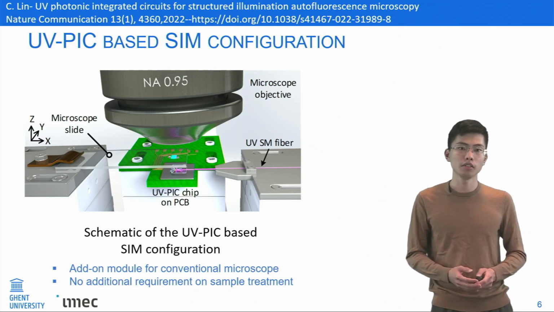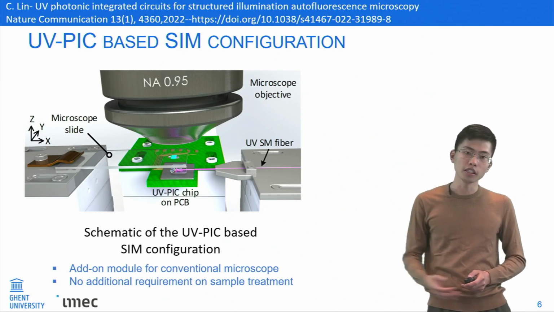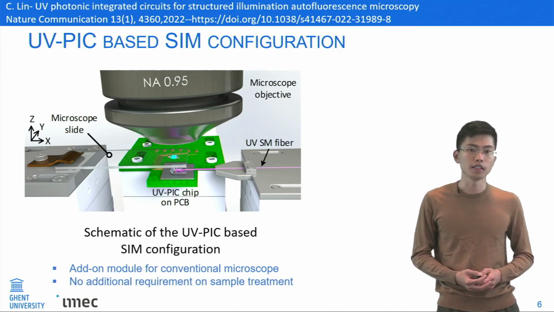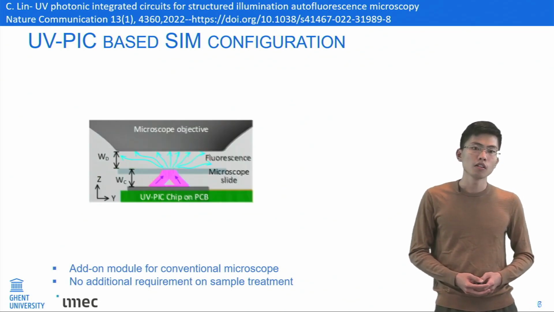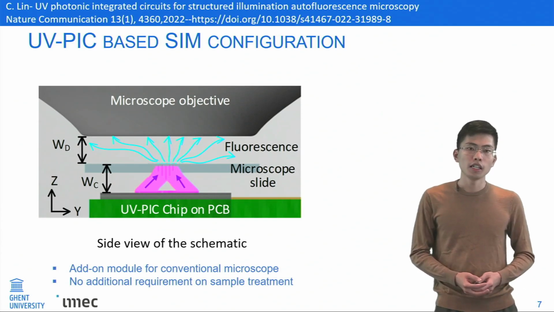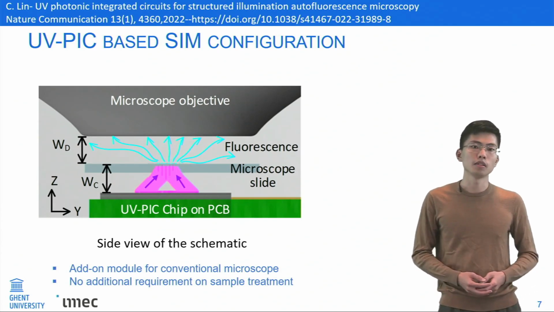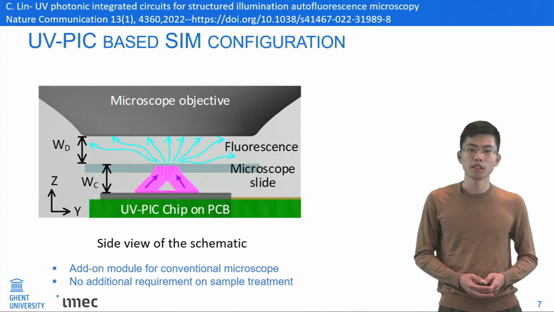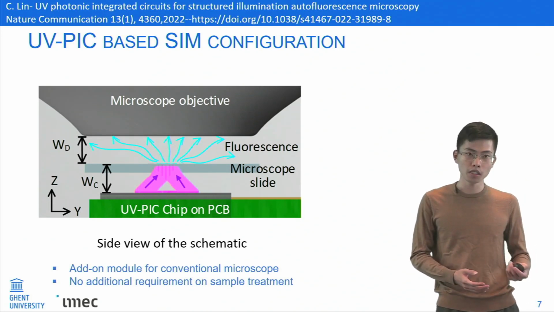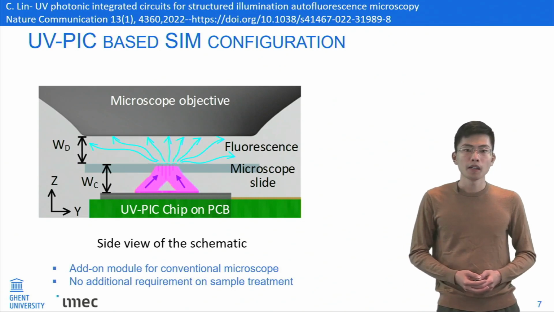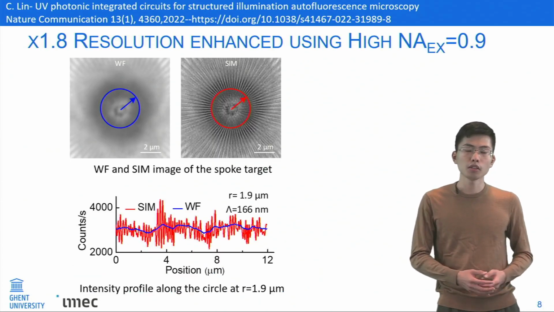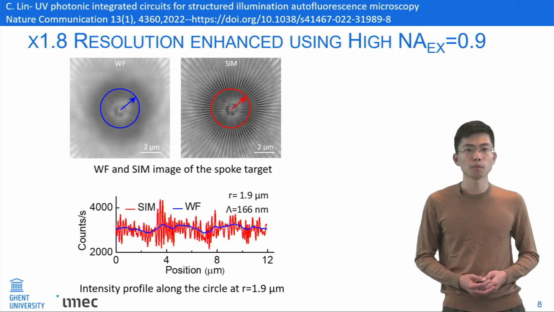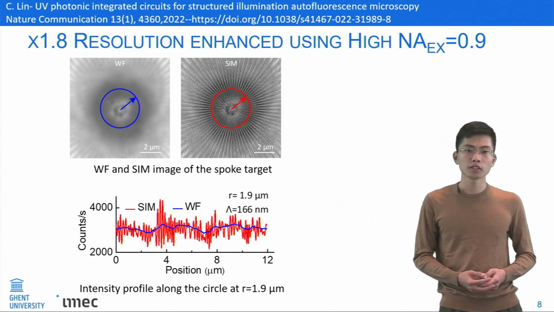Then we add our UV photonic chip just below the microscope slide, and the generated structured illumination will excite the fluorophores inside the sample, and the visible emission will be collected by the microscope objective. In this way, the UV PIC is working as an add-on module and requires no special requirement in the sample preparation.